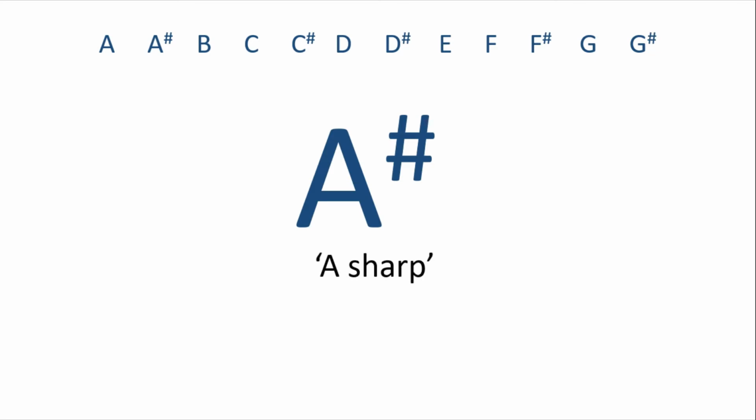Any note carrying a sharp derives its name from the note just before it. For example, F sharp was named after the F note just behind it, and C sharp was named after the C note just behind it.